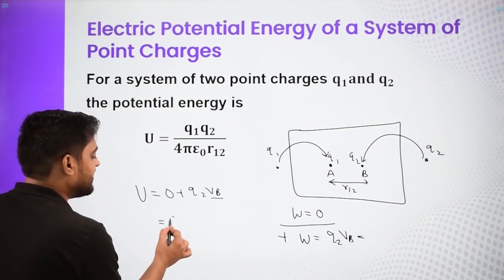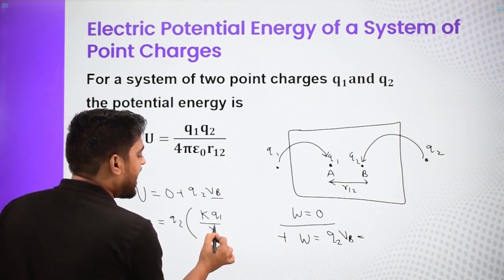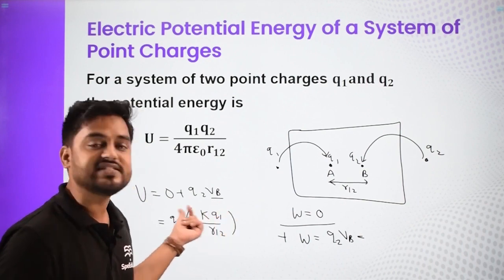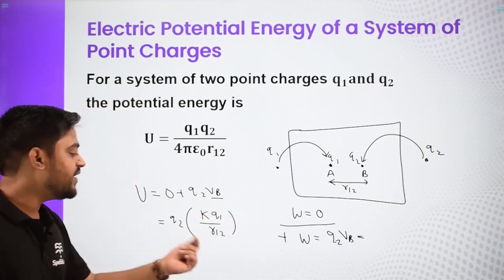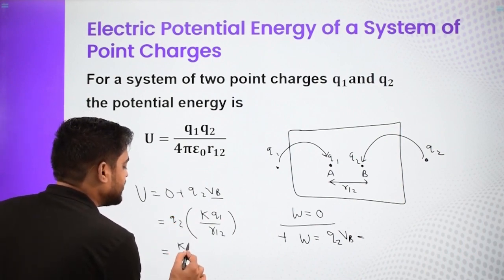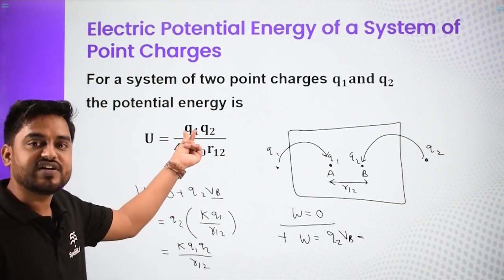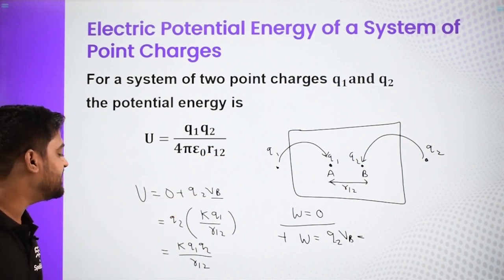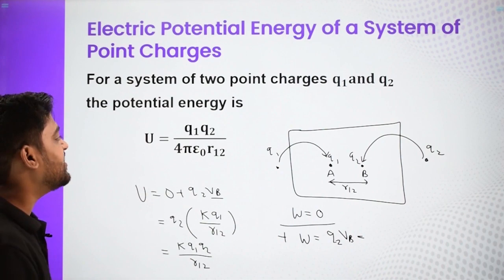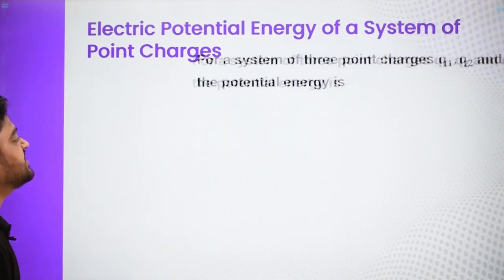So VB is k Q1 by R12, the potential due to Q1 at a distance R12. Putting this in, we get k Q1 Q2 by R12, where Q1 is the first charge, Q2 the second charge, R12 the distance between them, and k is 1 by 4 pi epsilon naught. So this is the potential energy of a system of 2 point charges.